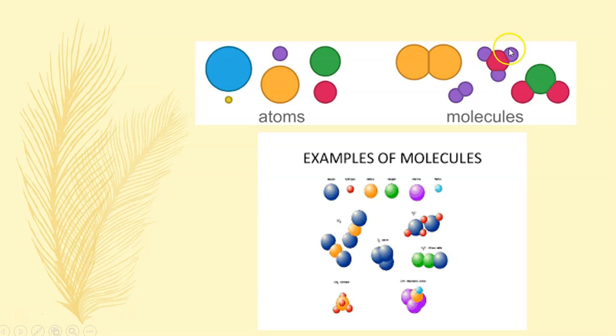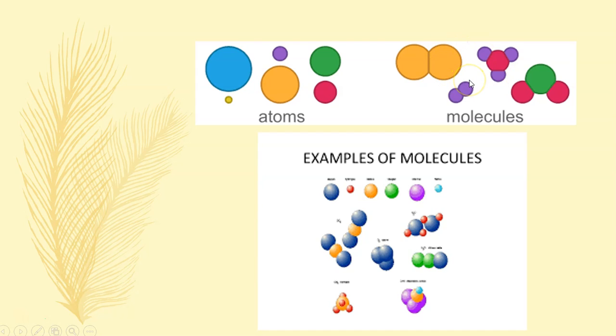You see this? These are of two types. If I separate these, I get something known as atoms. So, molecules can be further divided into atoms. We will study why these are called atoms and why they are called molecules.